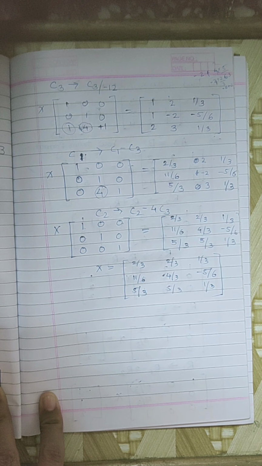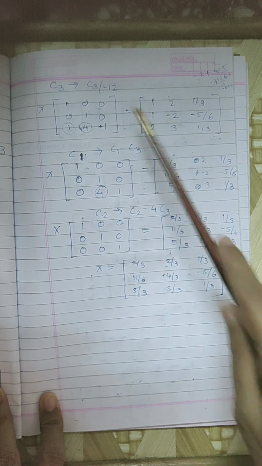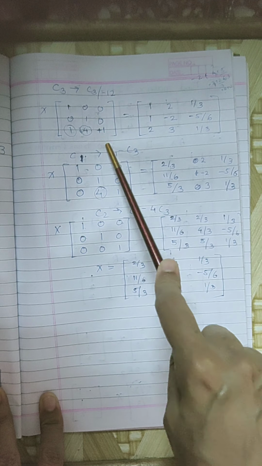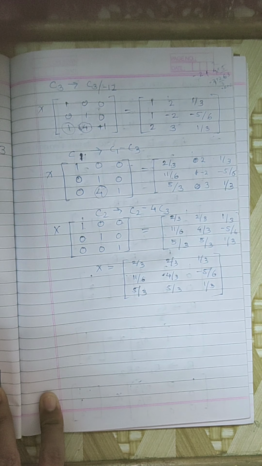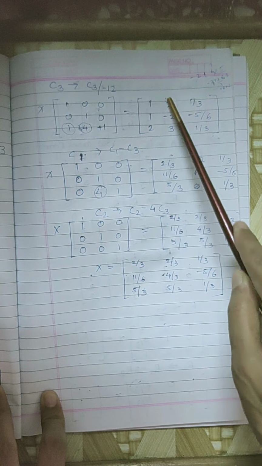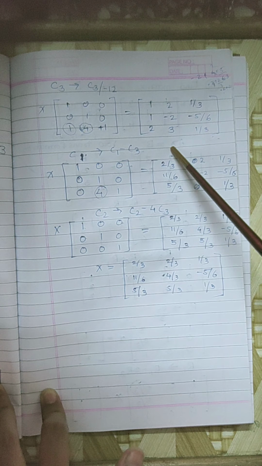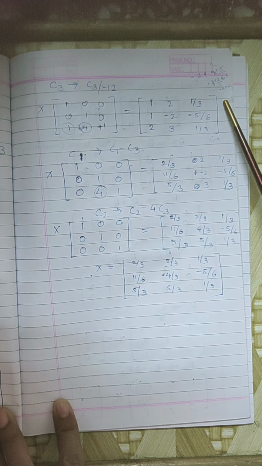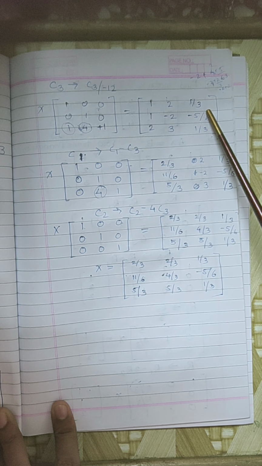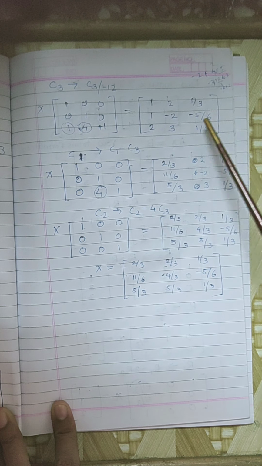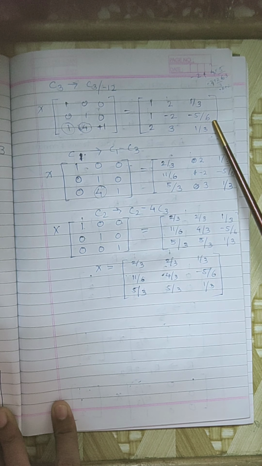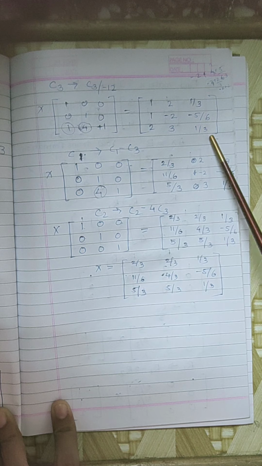This will remain 0, 0, and minus 12 upon minus 12 is 1. Here also C1, C2 as it is, and minus 4 divided by minus 12 is 1 upon 3, 10 divided by minus 12 is minus 5 upon 6, and minus 4 divided by minus 12 is 1 upon 3.